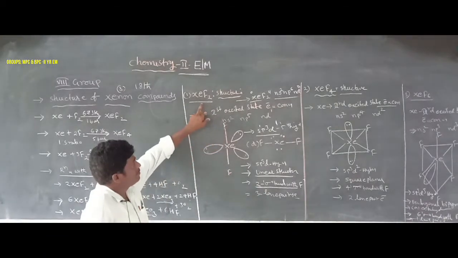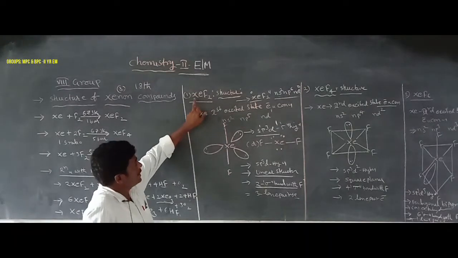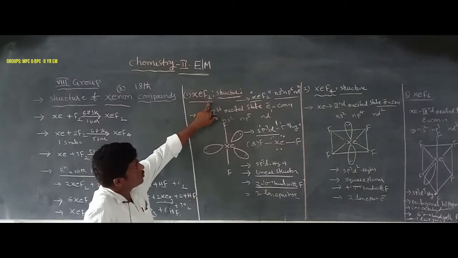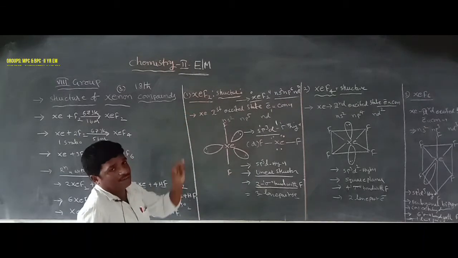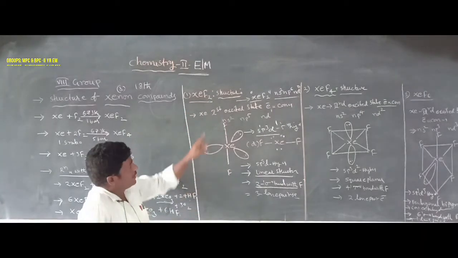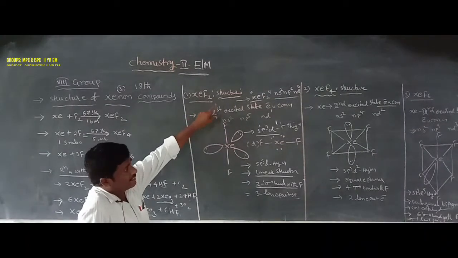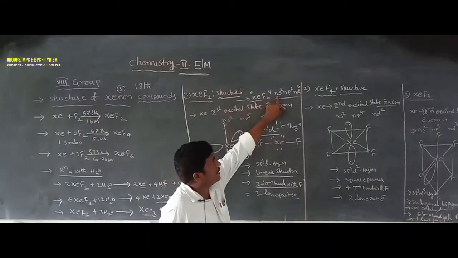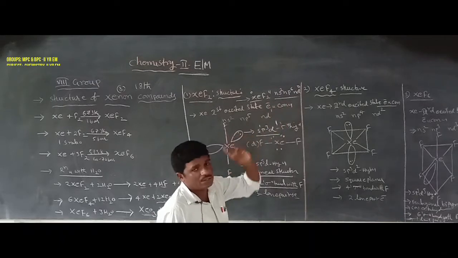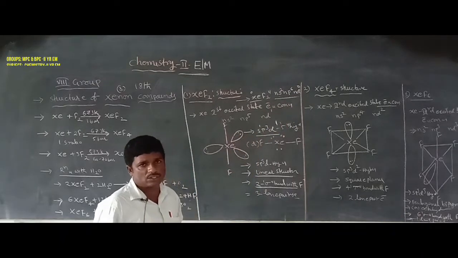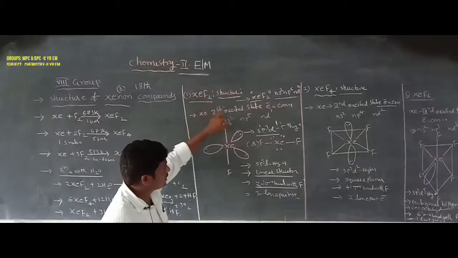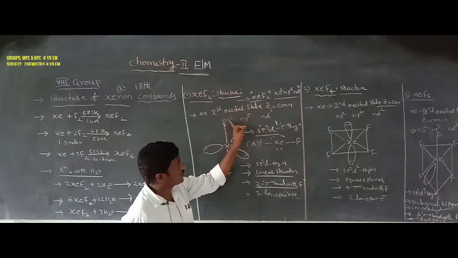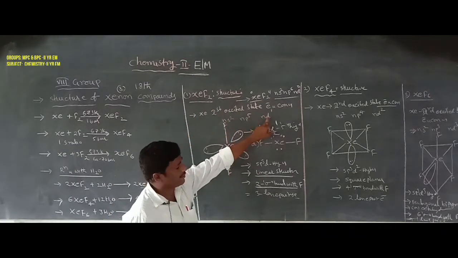Once again, xenon difluoride: di means two fluorine atoms react with xenon to form xenon difluoride. In the xenon difluoride structure, the xenon ground state electron configuration is 5s2, 5p6, 5d0. Next, the first excited configuration is 5s2, 5p5, 5d1, where one electron jumps to the d orbital.